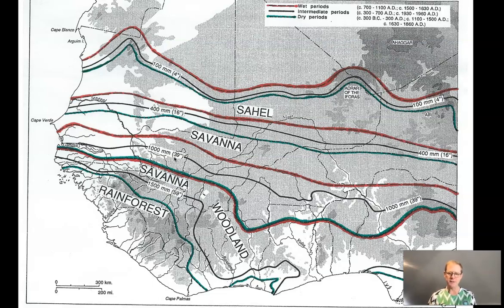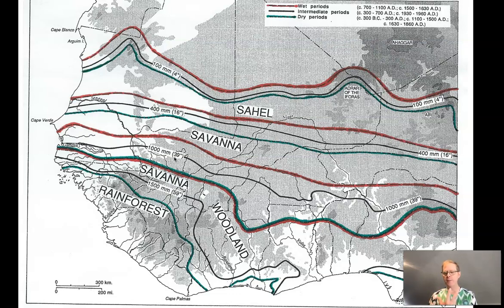Why do we care about tsetse flies? Because they spread disease. They spread a disease called trypanosomiasis or sleeping sickness. It can affect humans, but in this case, the most important impact is it kills large livestock. So any place south of that line, you can't have cattle, you can't have camels, you can't have horses.